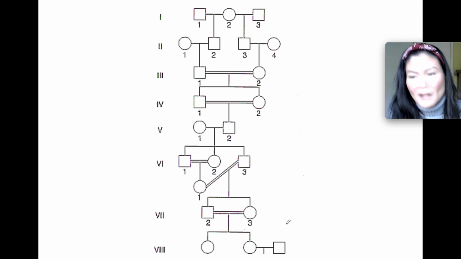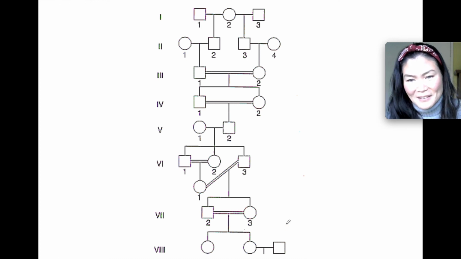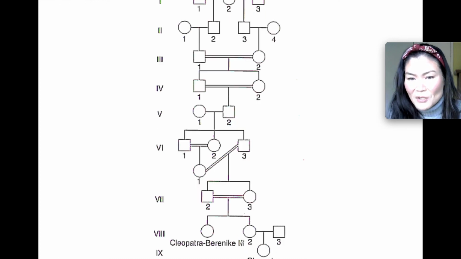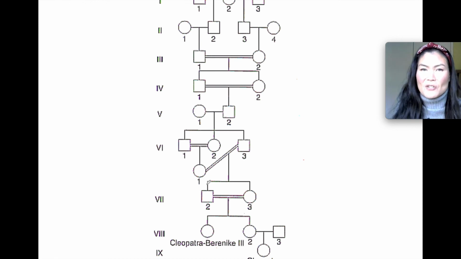A daughter marries an unrelated guy, which leads to Cleopatra. So this was Cleopatra's line. And as I said before, with royal families, they tried to keep it in the family, tried to keep the royal line going. And so that explains that phenomenon where people are marrying a relative, okay?